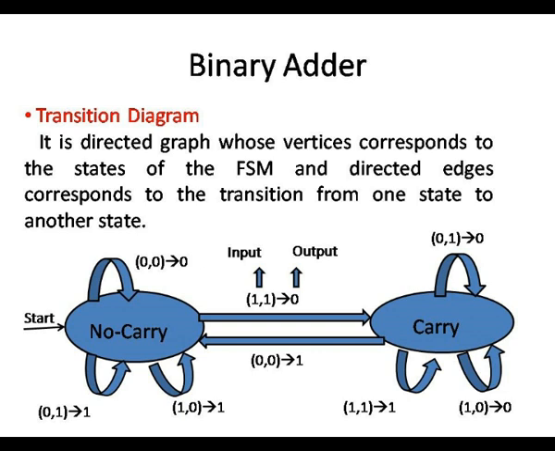Sometimes the input symbol which is written above the arc is also followed by punctuation or an arrow and the output symbol. The initial or start state is normally pointed to by an arrow heading towards the start state vertex. Many times the word start is also written above this arrow.